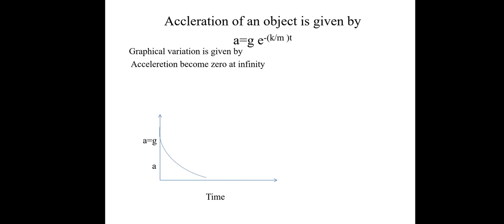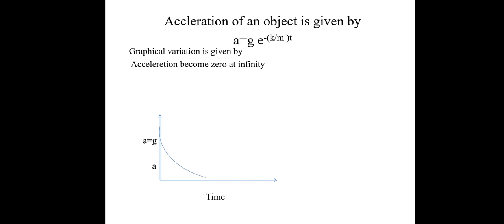So, observe the diagrams of velocity and acceleration. Here they are exactly reverse. At time t equal to 0, v is 0, and as time increases, v also increases. But in case of acceleration, at time t equal to 0, a is equal to g, that is maximum.